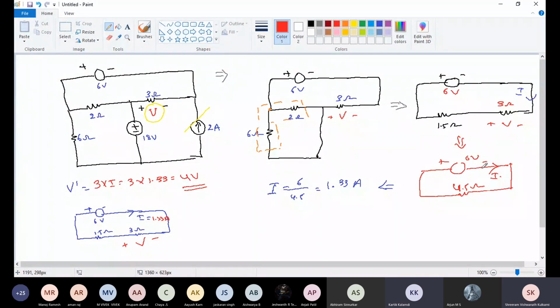Current will flow from the positive to the negative side, higher potential to lower potential. You have shown it flowing from negative to positive.